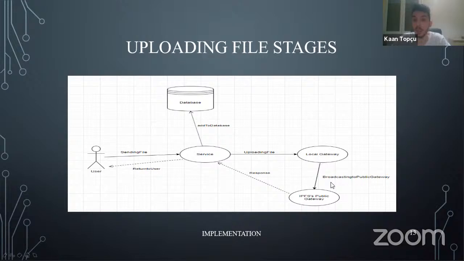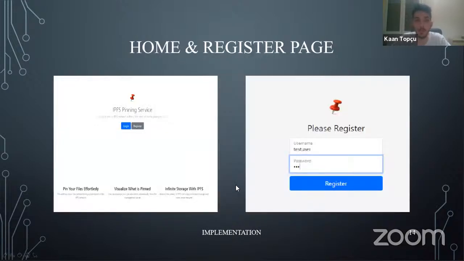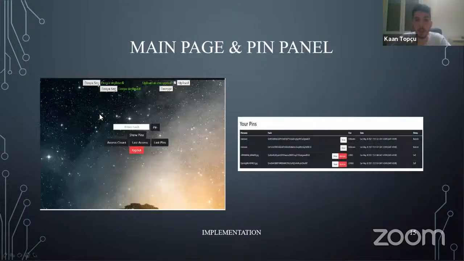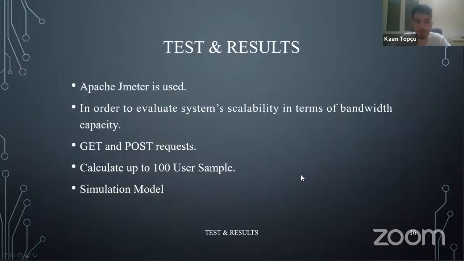Then the local gateway broadcasts it to the public gateway. Then when the operation is valid, the relevant response is returned to the intermediate server, and this information is added to the database for future queries by the user. This is the design of my home and register page. And this is the UI of the main page and the pin panel.